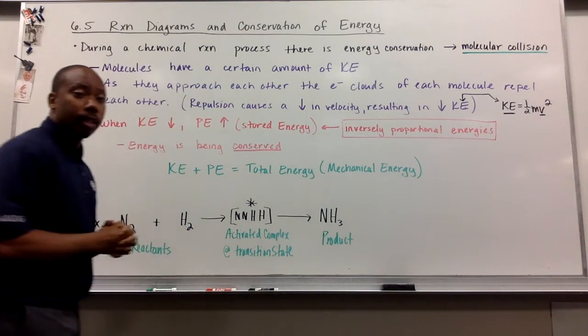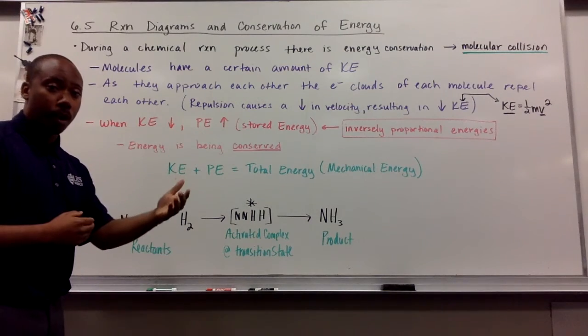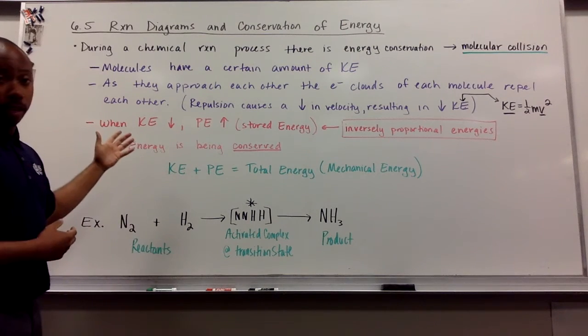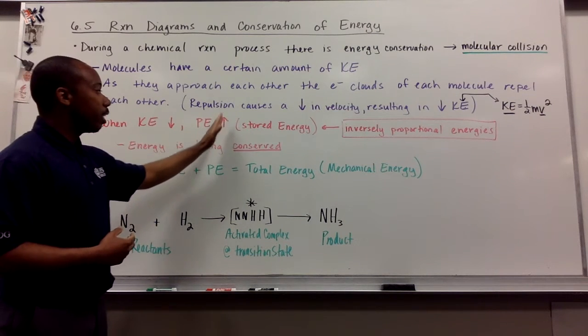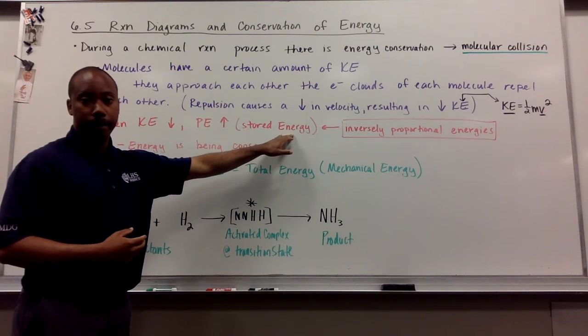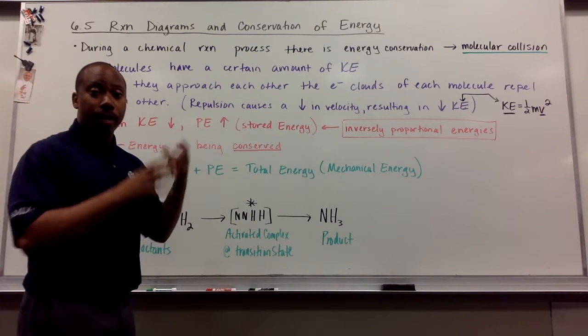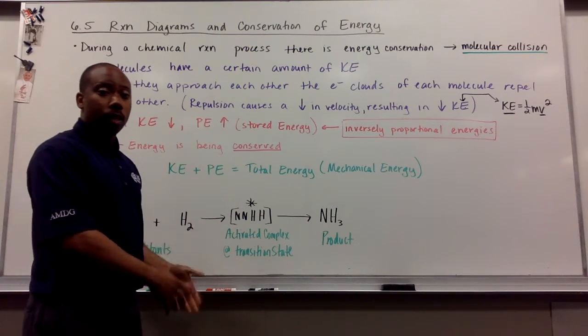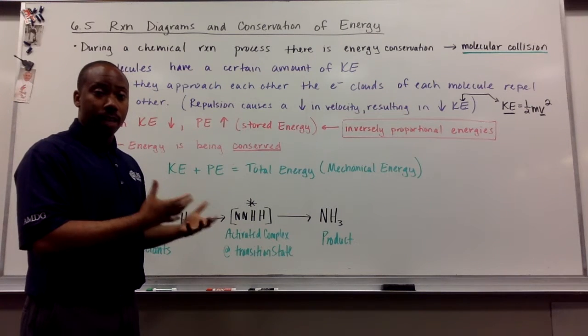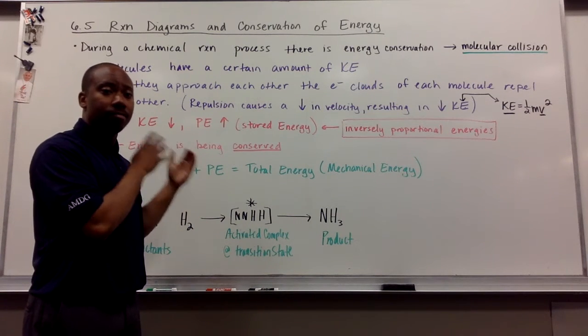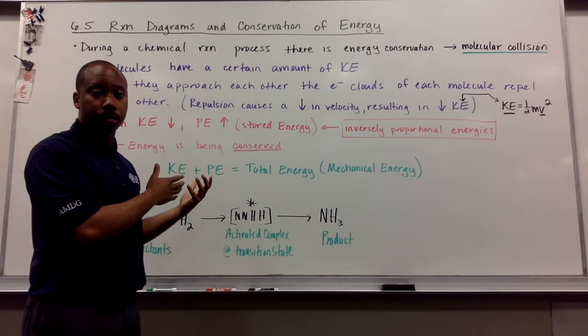Now, you learned that kinetic energy has a counterpart, and that's potential energy. When kinetic energy decreases, potential energy increases. That's the stored energy. And if you remember your reaction diagrams, on the y-axis we mentioned it was potential energy. That's the potential energy we're going to be covering in this video lecture.